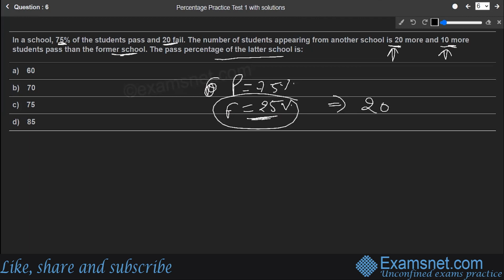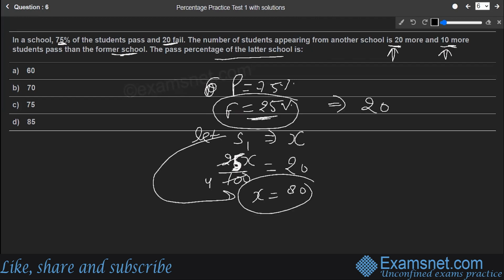Let the number of students in school number one be X. Then 25% of X is going to be 20. So the X value comes out to be 20 into 4, which is 80. That means the first school has 80 students.